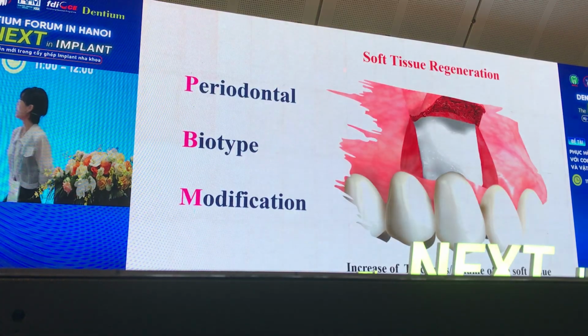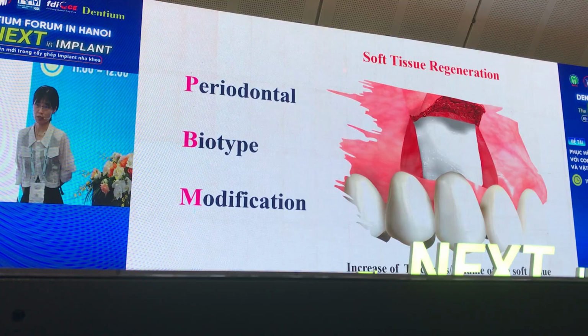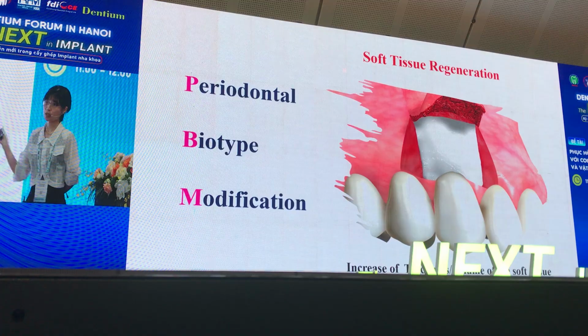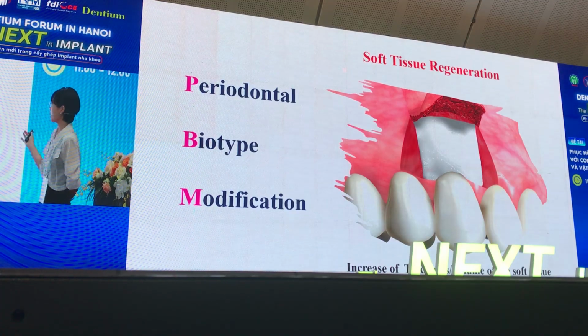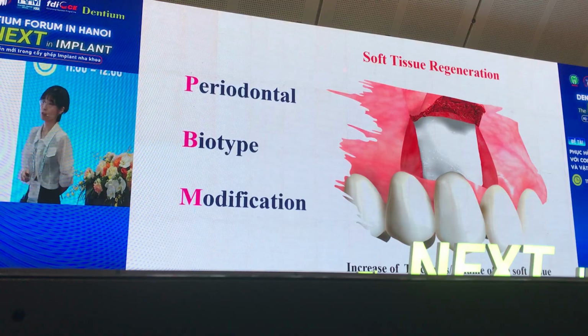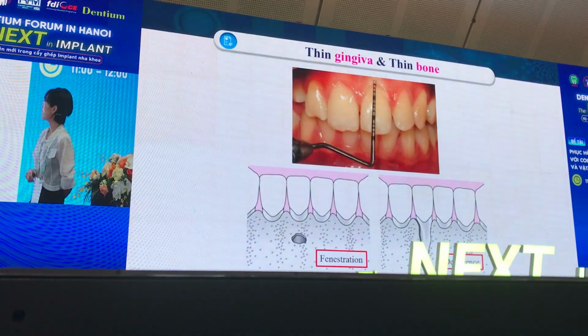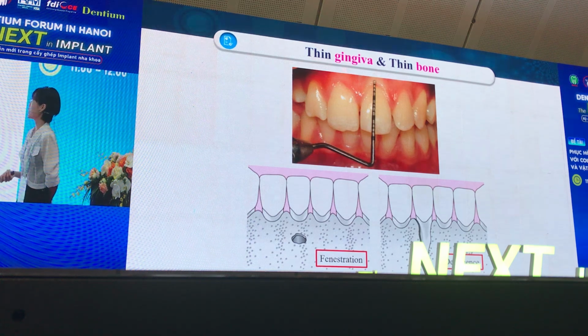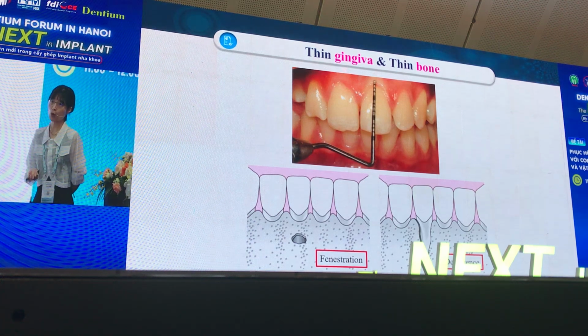Okay, the first one is soft tissue regeneration, especially periodontal biotype modification, PBM. It means the increase of thickness and also the volume of the soft tissues. Patients with thin gingiva tend to have thin bone.